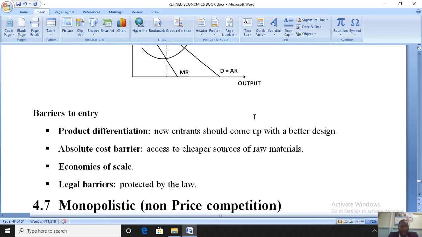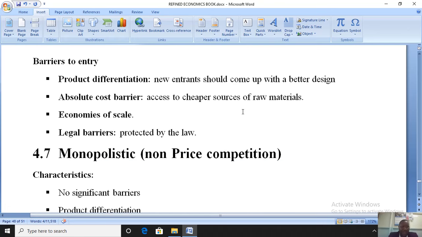Some examples of barriers to entry include product differentiation barrier, absolute cost barrier, economies of scale barrier, and legal barrier. Probably the legal barrier will be the strongest of all barriers to entry.